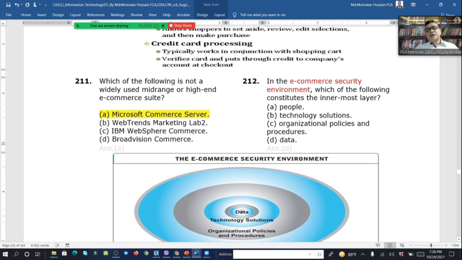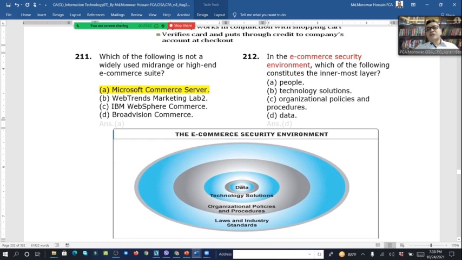So in the e-commerce security environment, which of the following constitutes the innermost layer? Basically we can say the innermost layer is data. Here the answer is data. There are another 3 items here, but the answer is D, data.